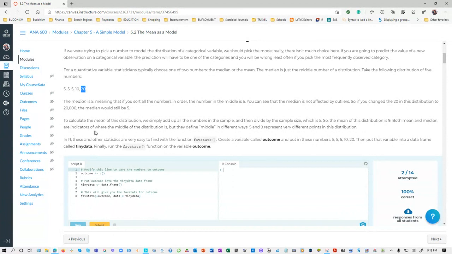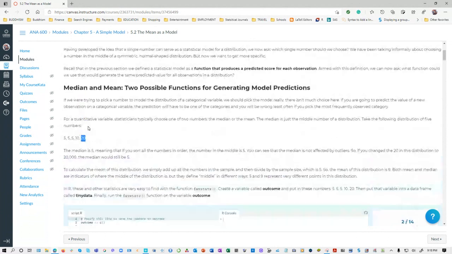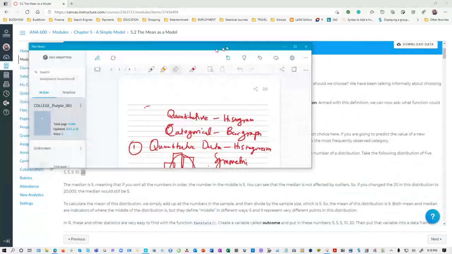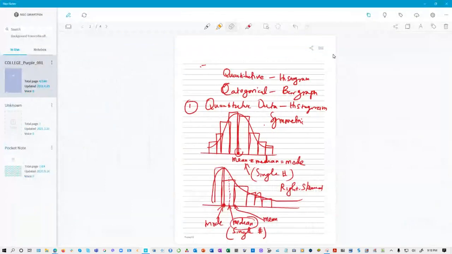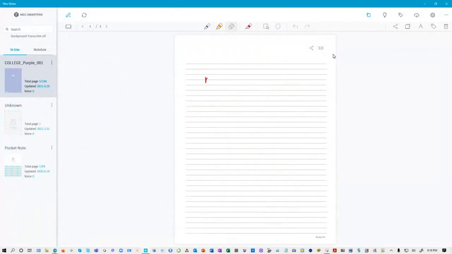Both mean and median are indications of where the middle of the distribution is, but they define middle in different ways. Mean means the center or the middle of the data values.